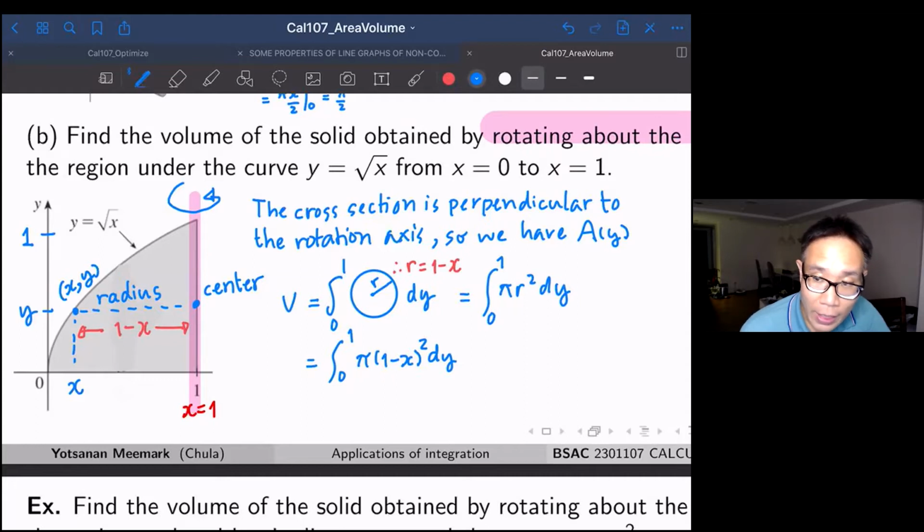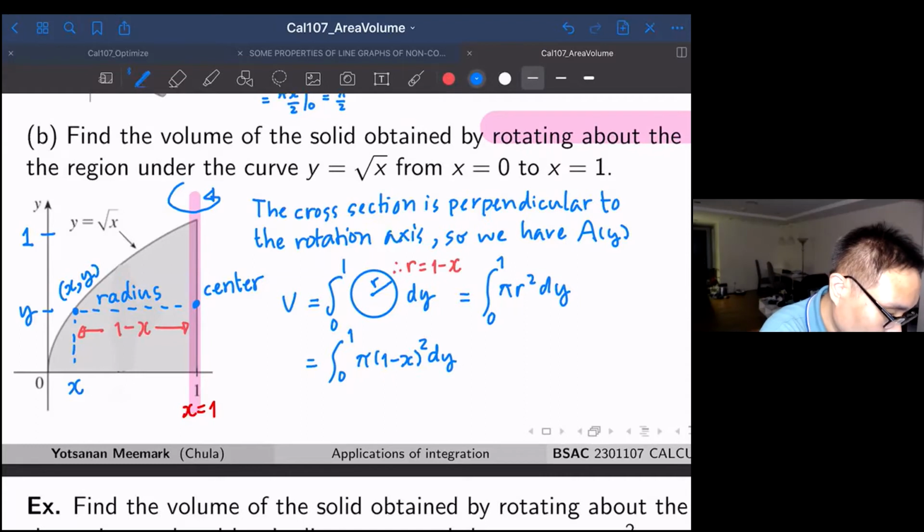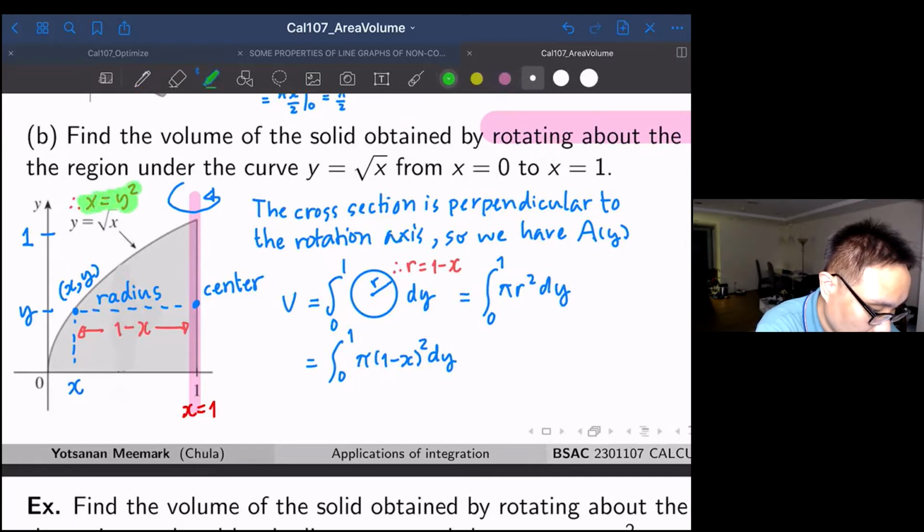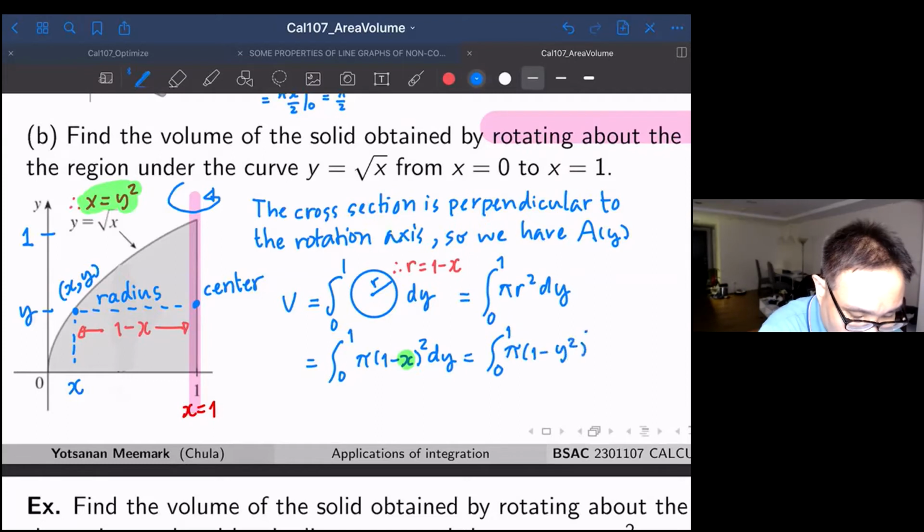Okay, and what is x in this case? You solve for x here, and you're going to have x equal to y squared. So you're gonna have the integral from 0 to 1 of 1 minus y squared, squared, dy.